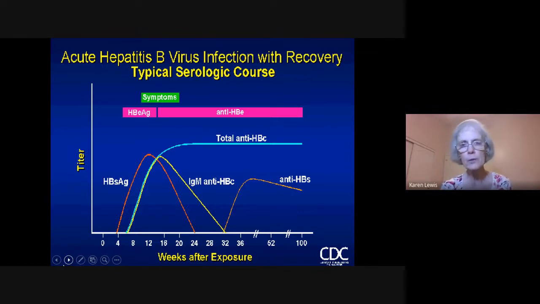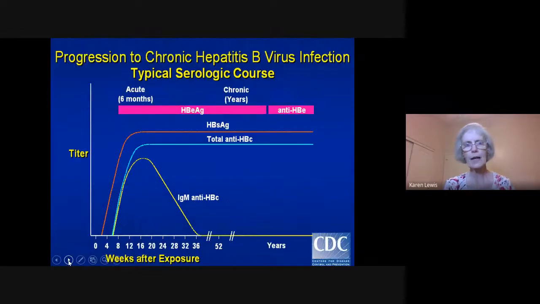Once you're infected with hepatitis B, you always have antibody to core, but you do not always form antibody to hepatitis B surface antigen. When does that happen? With chronic infection. And this shows the antibody progression to chronic hepatitis B virus infection.